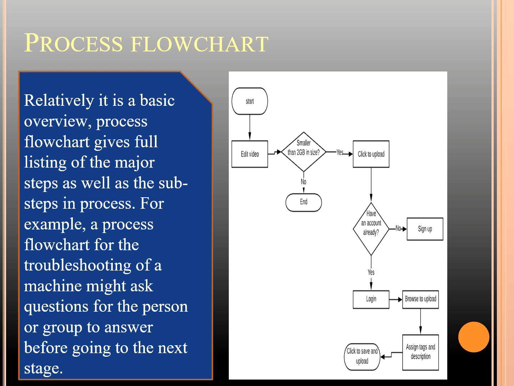For example, a process flowchart for the troubleshooting of machine might ask questions for the person or group to answer before going to the next stage. In this kind of flowchart, you need to answer the query or the questions before proceeding to the next instruction.